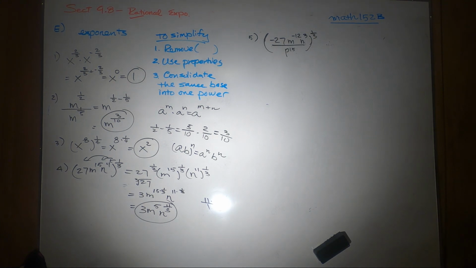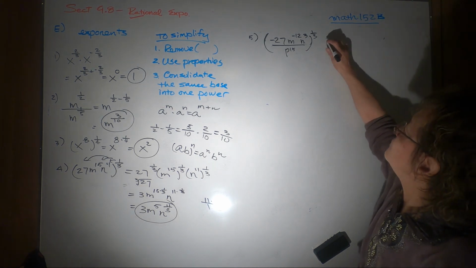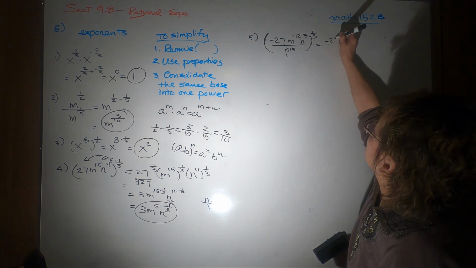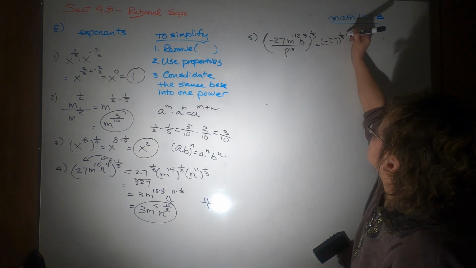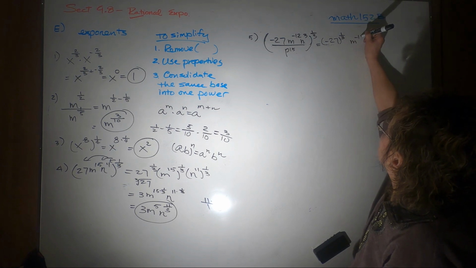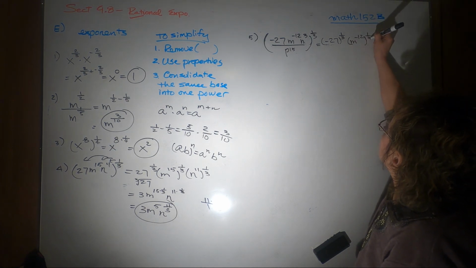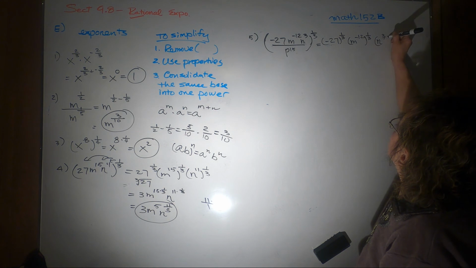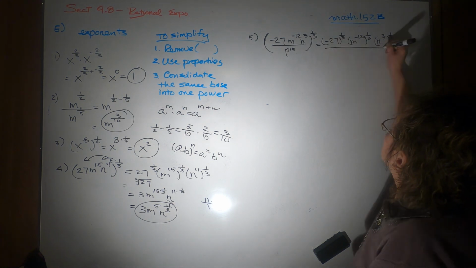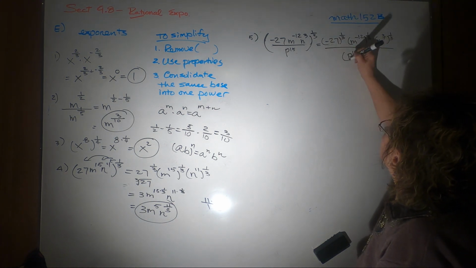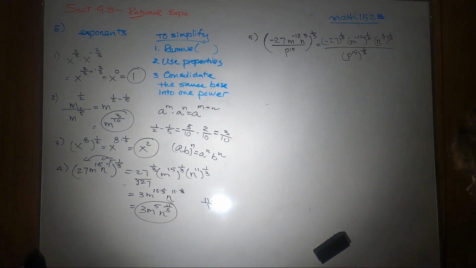So you need to distribute your power when you remove the parentheses, for each individual base. So you have negative 27 to the 1/3, m^-12 to the 1/3, n^3 to the 1/3, then p^15 to the 1/3.